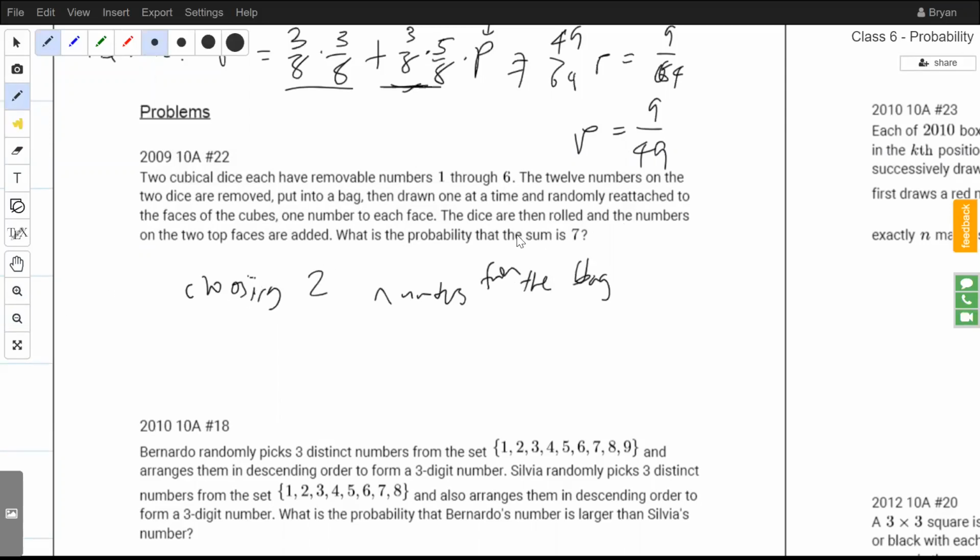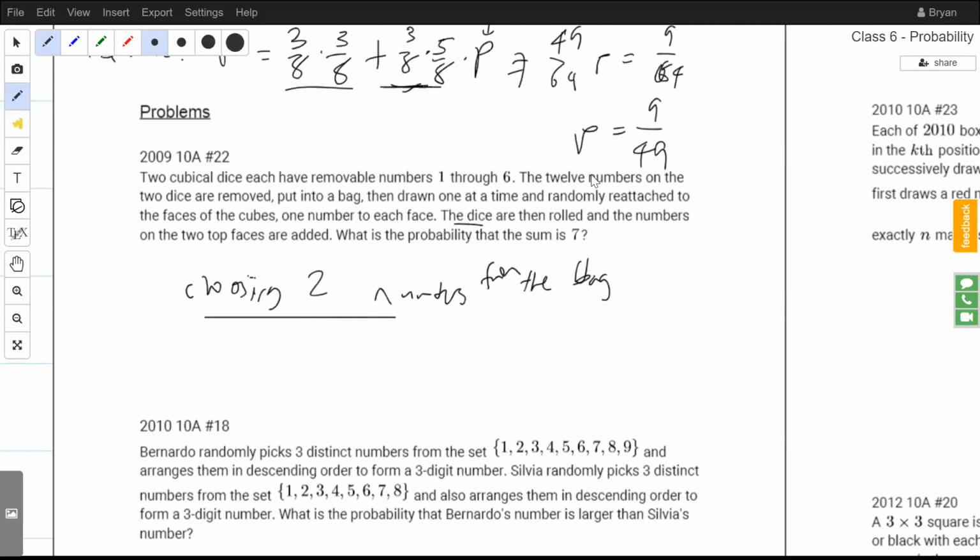It's the same to roll the two dice as it is to take two random numbers out of the numbers 1 through 6 and 1 through 6 combined into one bag. I hope you can use reasoning for why this is. And once you know this, the problem becomes pretty easy.